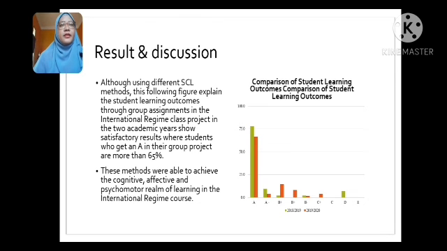From this figure, we can see that although using different methods, the figure explains the student learning outcomes through group assignment in the International Regime class project in 2 academic years shows satisfactory result, where students who get an A or a maximum grade in their group project are more than 65%.